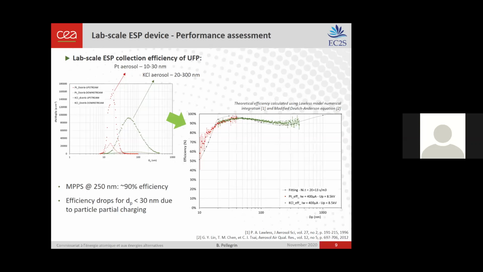In red, you have the data obtained with the platinum aerosol, and in green, the data obtained with the potassium chloride. And as predicted by theory, the minimum efficiency is observed at about 250 nanometers. More interestingly, we also demonstrated a drop in efficiency for particles with a diameter lower than 30 nanometers.